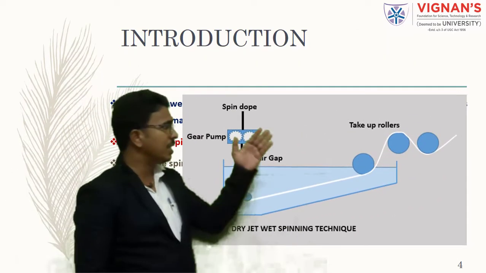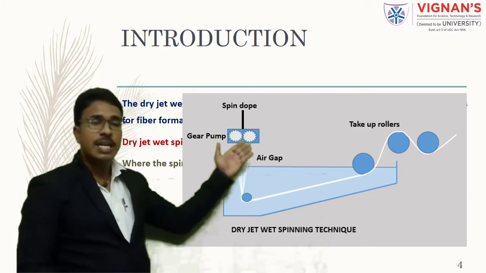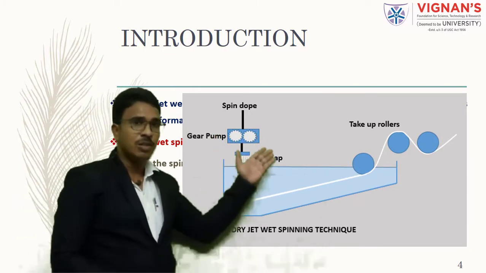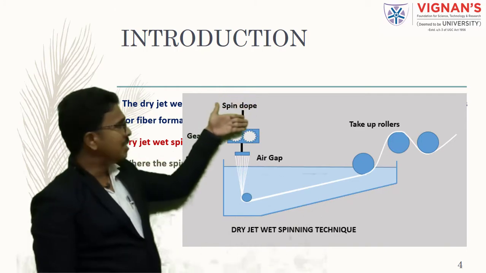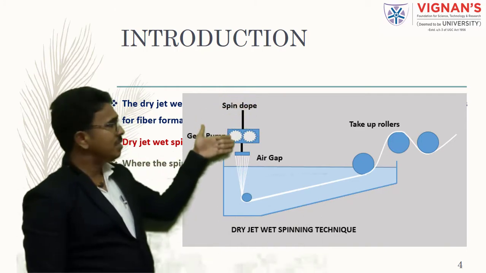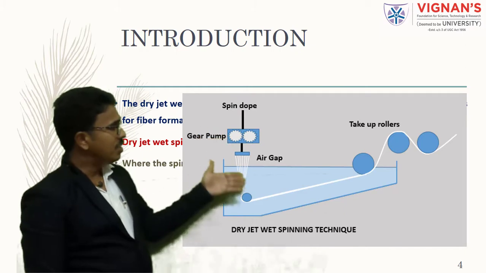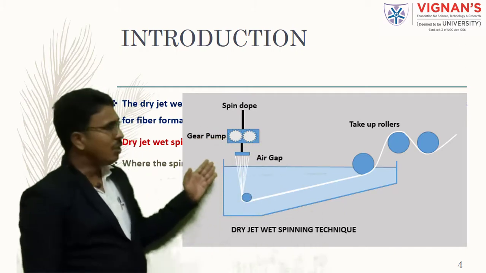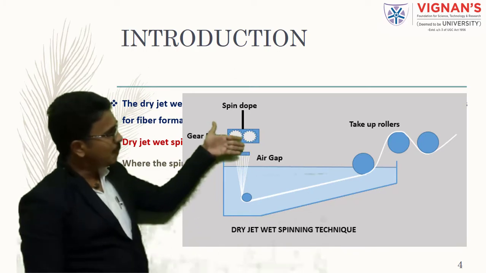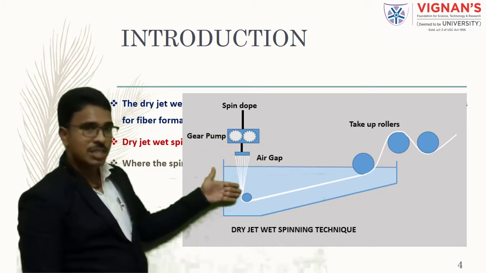Now you can see clearly how the dry jet wet spinning process looks. This is the spinning dope, this is the gear pump, this is the spinneret, this is the coagulation bath, and these are the take-up rollers. Do you think the spinneret is placed inside the coagulation bath?